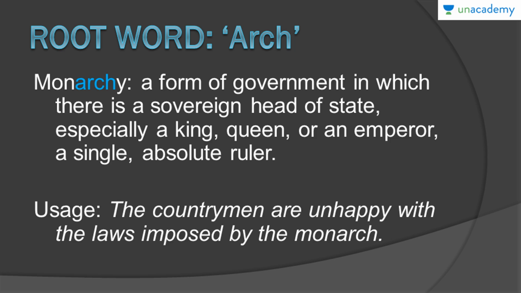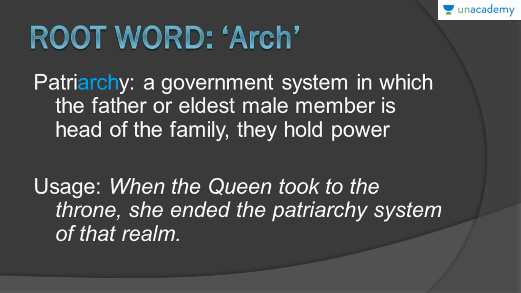Whatever laws he will impose, the countrymen have to follow. In this case, the sentence is very clear that the countrymen are not happy with the laws framed by the monarch. It is a single ruler ruling the entire state, the country, the realm, the kingdom. A single ruler will have all the powers. That is a monarchy form of government.